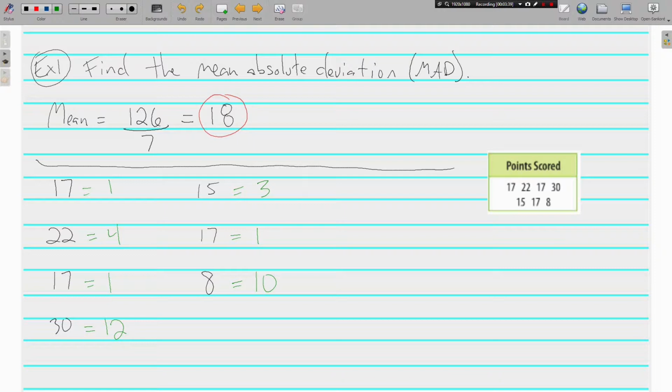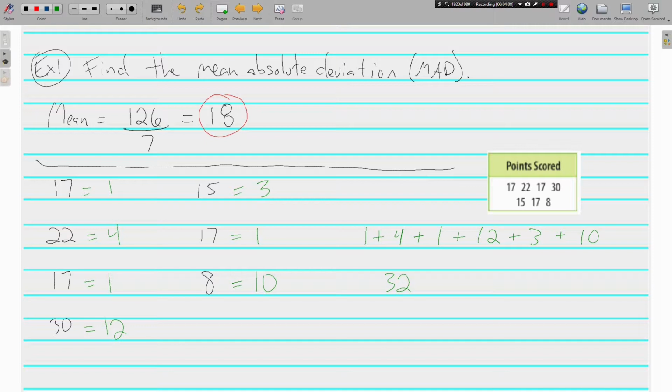Alright, so what happens now is we're finding the average distance that all the data is away from 18. So we have to find another average. We're going to do 1 plus 4 plus 1 plus 12, adding up all these green numbers, plus 3 plus 1 plus 10. We add all those together and we get 32.